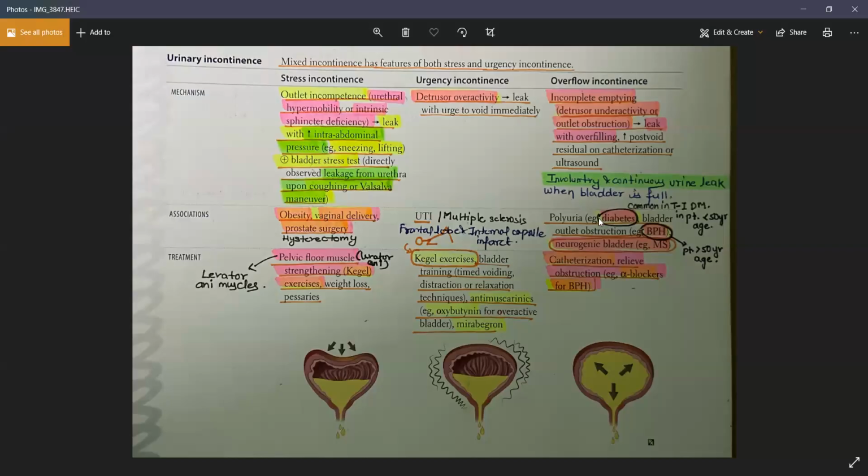So always note, whenever you encounter a patient having overflow incontinence because of diabetes, they must have a history of neuropathy. It could be paresthesias, it could be paralysis, claw feet, it could be anything, right? So they must have a history of some neuropathy.